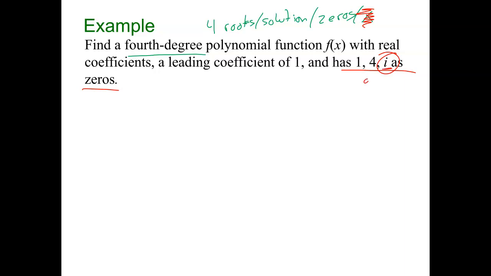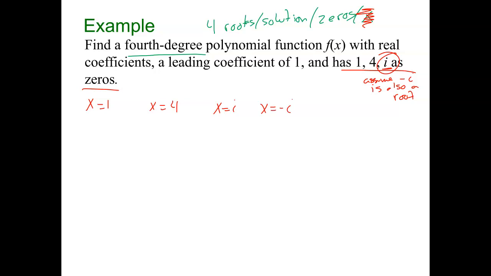So we have to assume that negative i is also a root because that's its conjugate pair. So I have 4 zeros. I have 1, I have 4, I have i, and I have negative i.